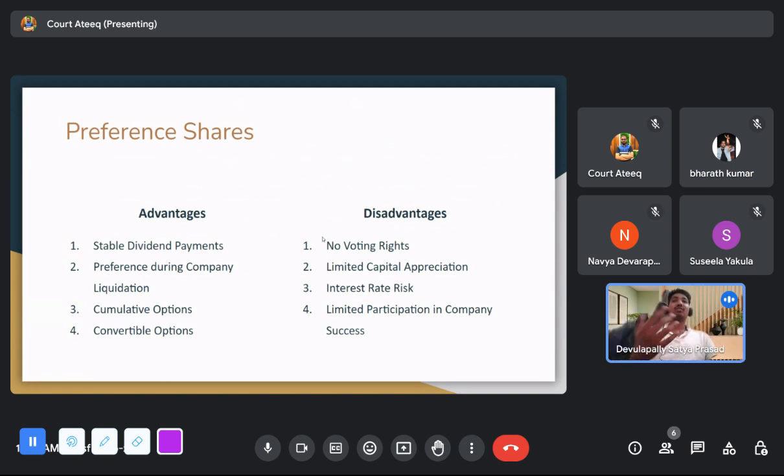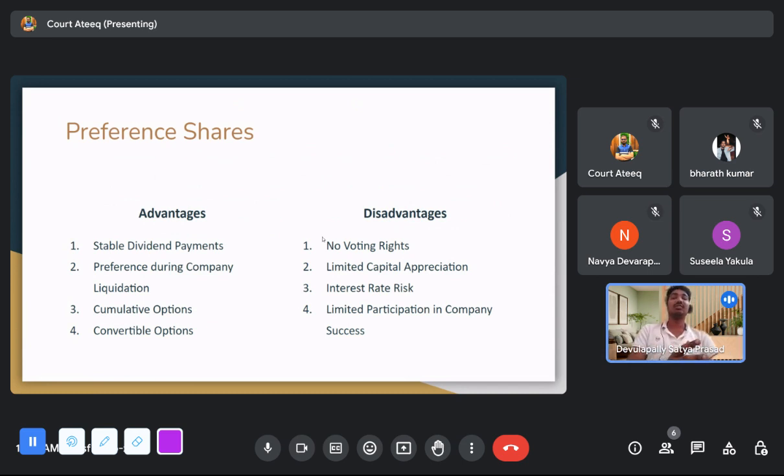And the fourth one is convertible options. Some companies issue convertible preferences. We can convert those preferences into common shares at a predetermined price and number of shares. In case the company has performed well, we can exercise this option and convert those shares into common shares as an owner.